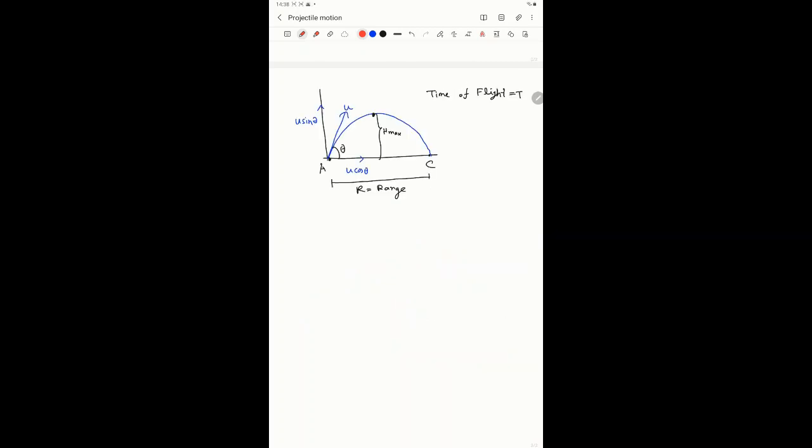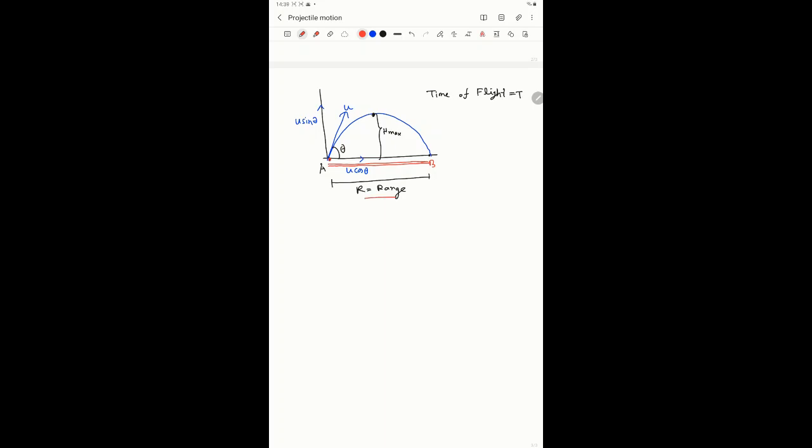So now we will learn some important formulas of projectile motion. Like the range the particle is traversing from A to, let's say, B, that is, what range it traverses in the horizontal direction, that is R, the range.